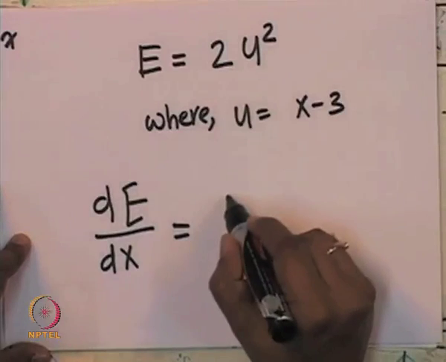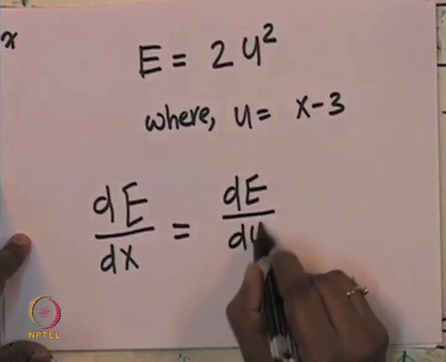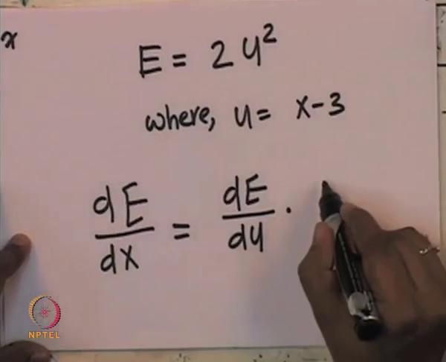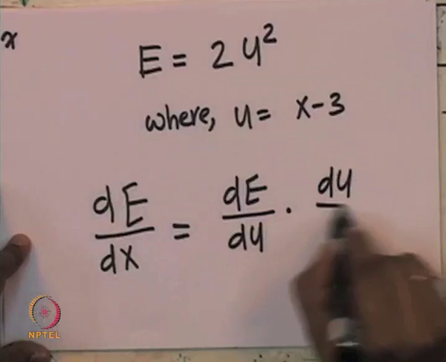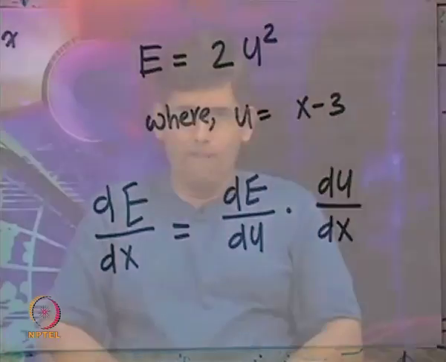So, first you find the derivative of E with respect to u and multiply with the derivative of u with respect to x. This is called the chain rule. So, if we apply this particular formula, let us see what we get.